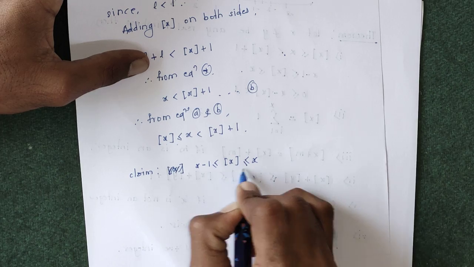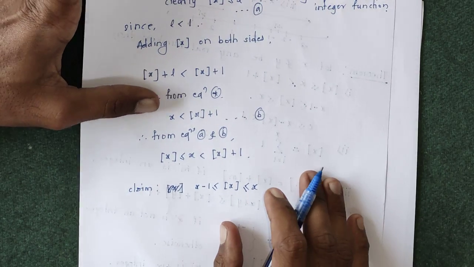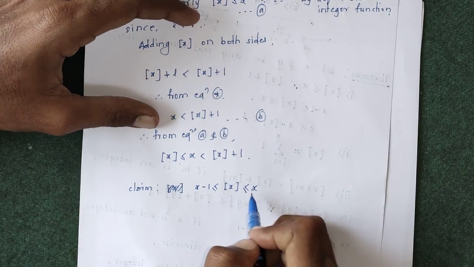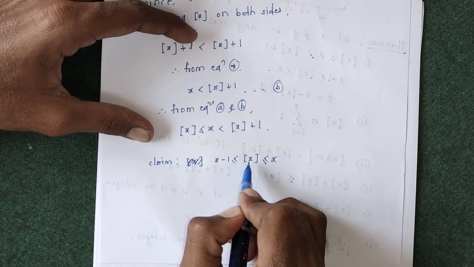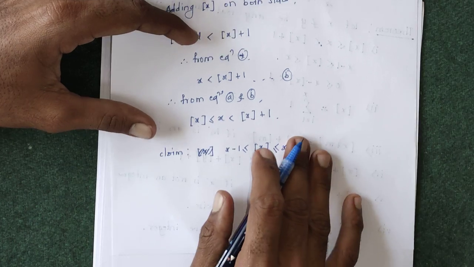Now, clearly the second condition is obvious by definition of integral part. So, we only have to prove x minus 1 is less than or equal to integral part of x.